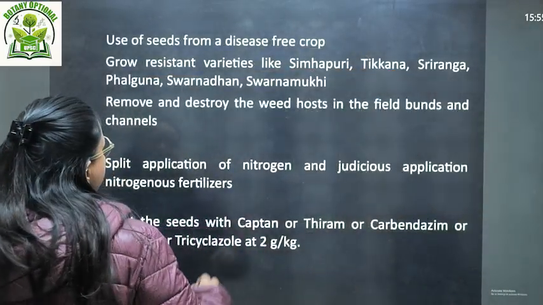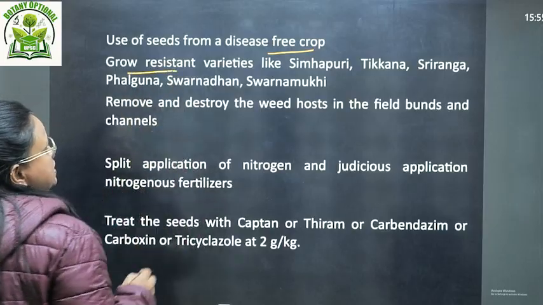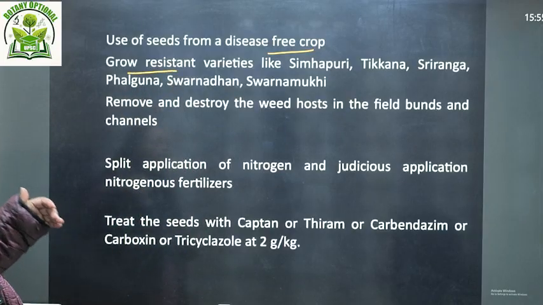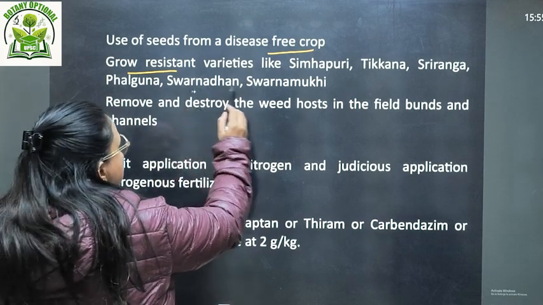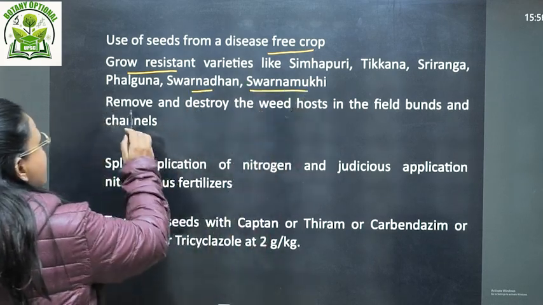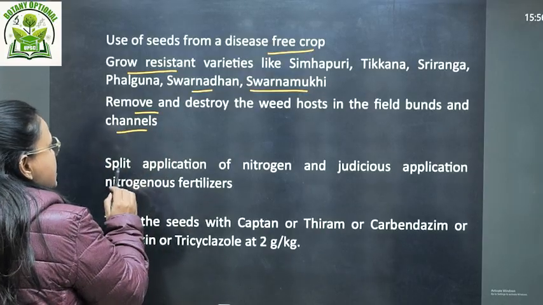Now the management. Use seed from a disease-free crop. Grow resistant varieties like Simhapuri, Tikkana, Sriranga, Falguna, Swarnadhana, Sampurna. Remove and destroy the weed hosts in the field bunds and channels.